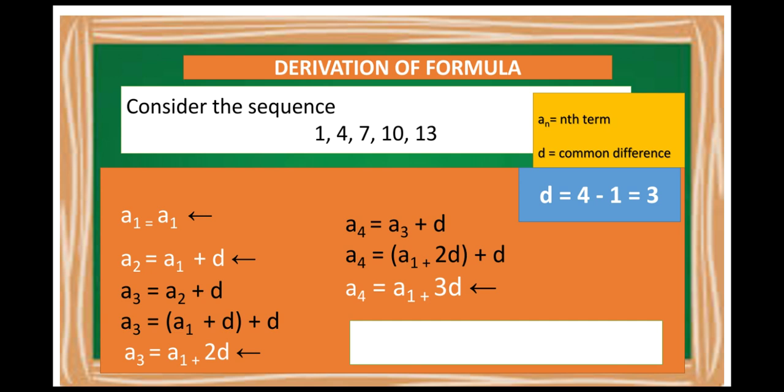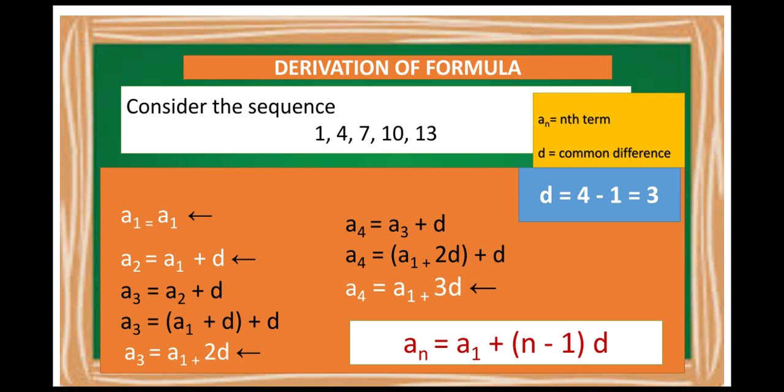So if you try to look for a sub n, a sub 1 is always present, and we just have to subtract 1 from your desired term number and multiply by the common difference d. So we have a sub n is equal to a sub 1 plus n minus 1 times d.